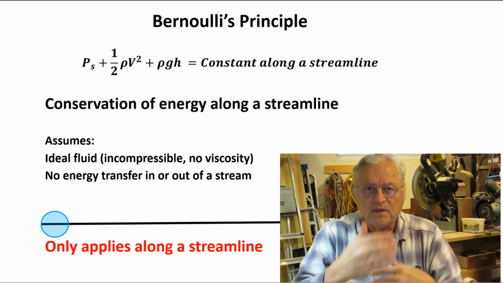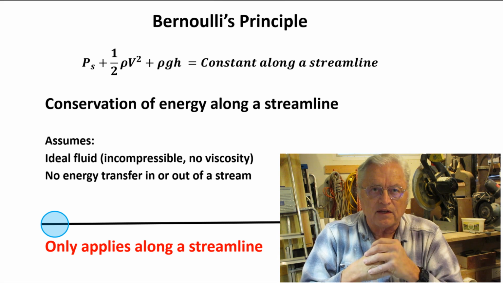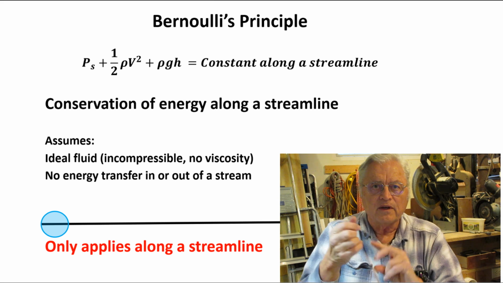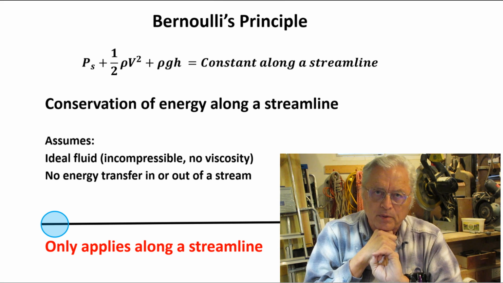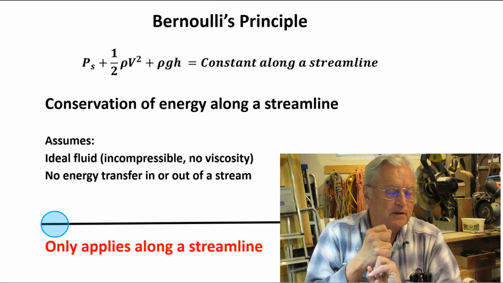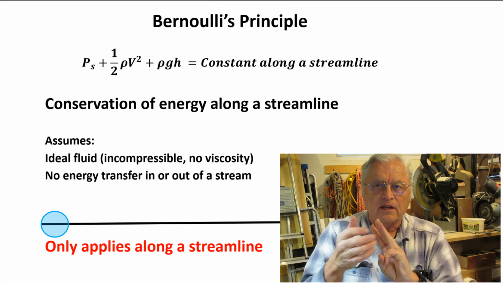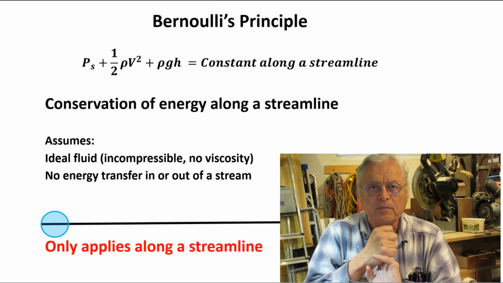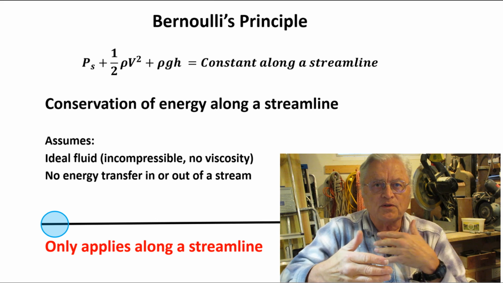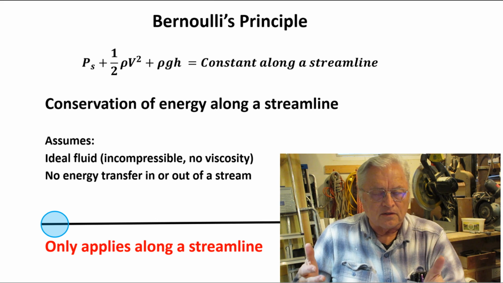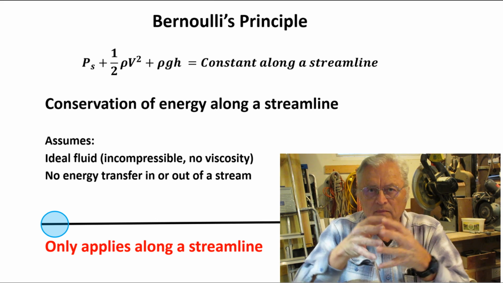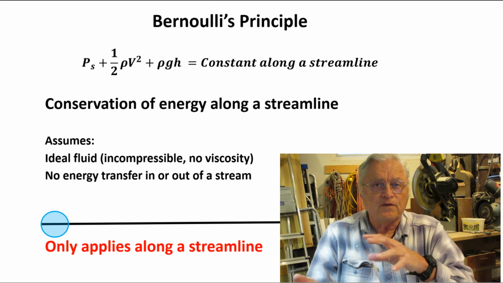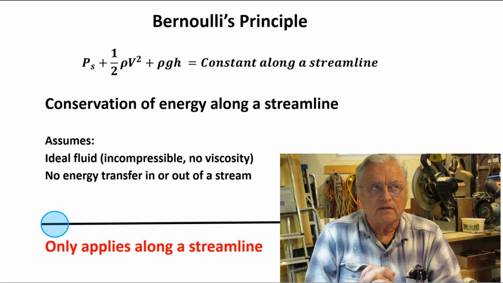And what all this means is that we have kinetic energy, the 1/2 rho v squared, we have gravitational potential energy, the rho gh, and we have potential energy related to the pressure, the p term, and when you add those together, they're a constant, which means that the sum of those three forms of energy doesn't change if you don't add or subtract energy.